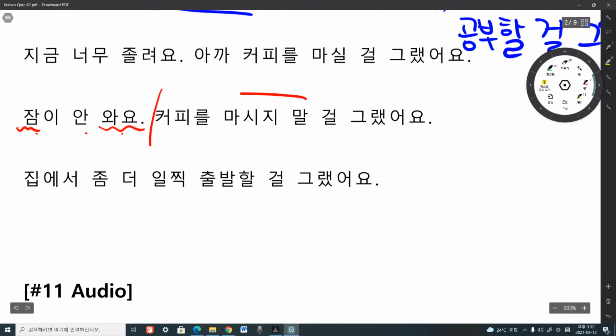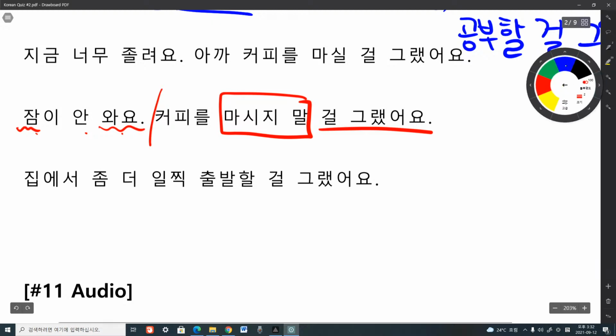커피를 마시지 말 걸 그랬어요. What do you guys think this sentence means? Not 마실 걸 그랬어요. But 마시지 말 걸 그랬어요. 마시다 means to drink.